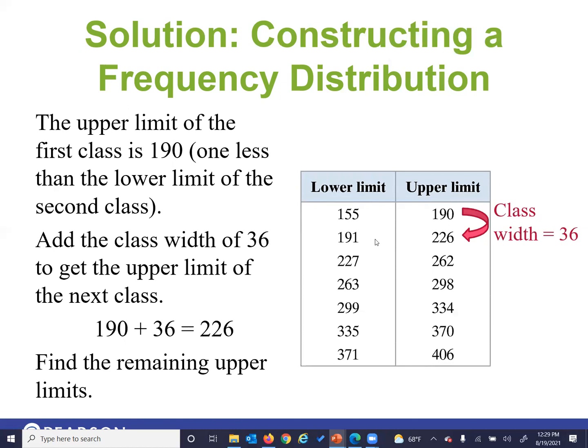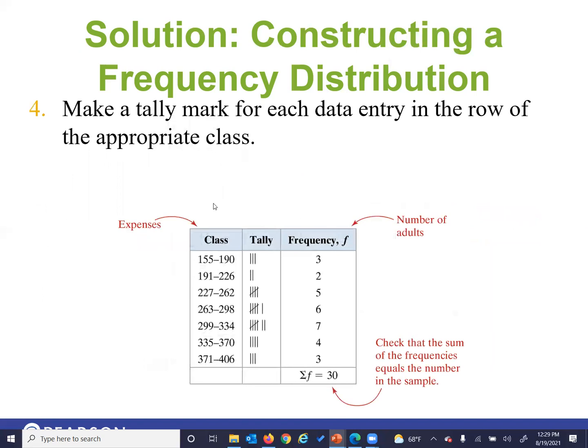We go back to our data, and usually we do a tally mark, a tally mark right over here. And then we start labeling how many are in each group. And then the only thing that we can do is just check. If we add up all these, it should be the number of data points I have in the first place, right? I should have had 30 numbers here.